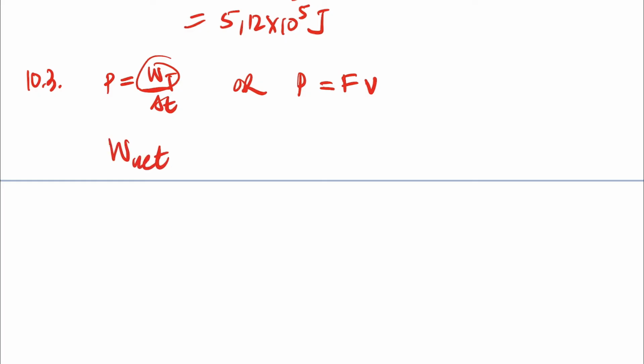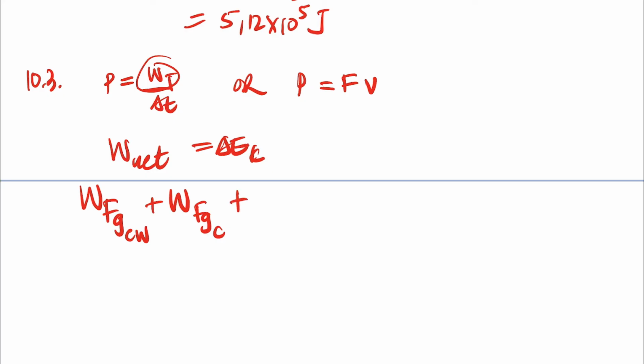Now we need to first get the work done by the motor. We use the work energy theorem. It's going to be the work done by the force of gravity on the counterweight, plus the work done by the force of gravity on the cage, plus the work done by the motor, equal to the change in kinetic energy.